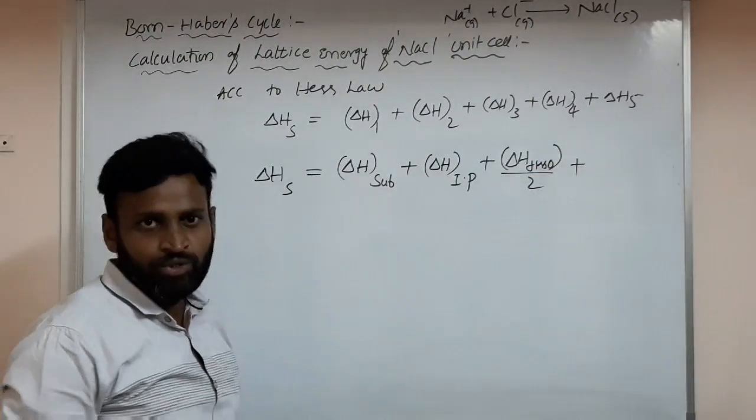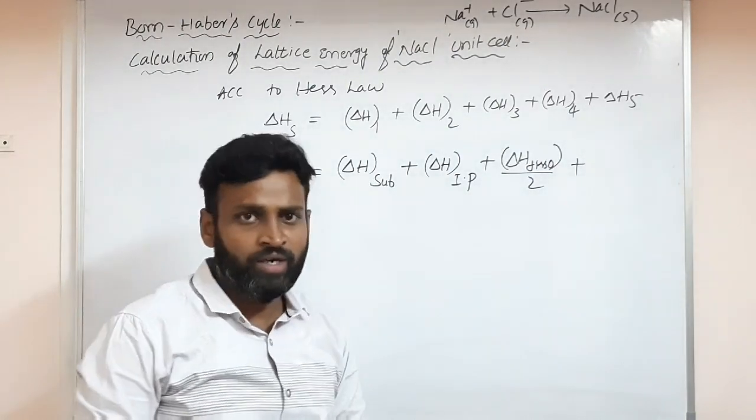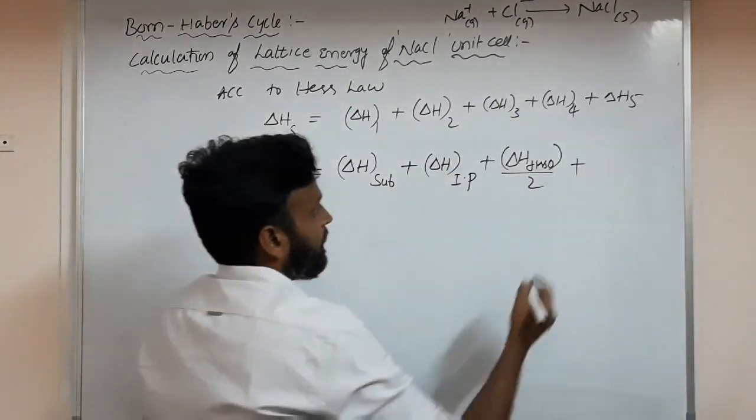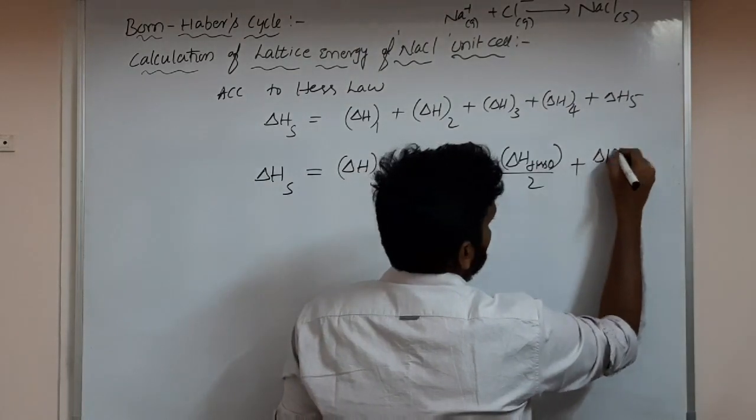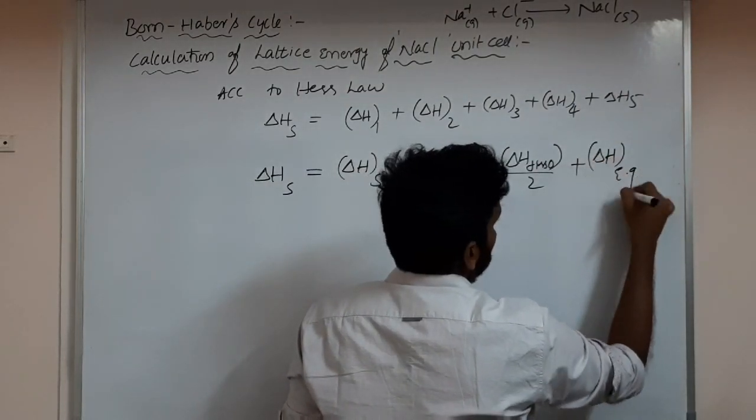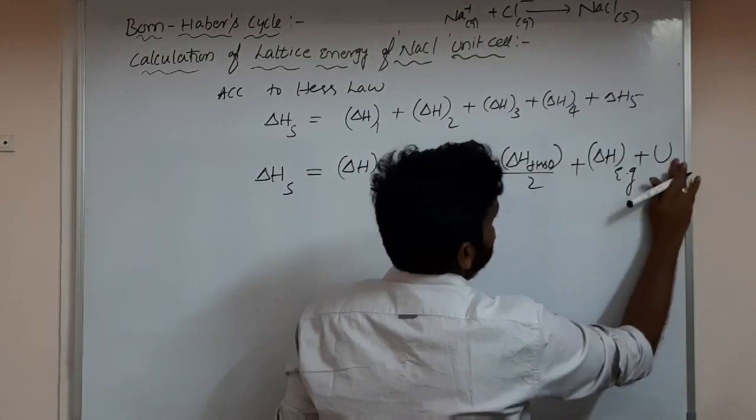Why by 2? Because you need 1 mole of chlorine atoms only. Next delta H4, that is electron gain enthalpy, plus lattice energy U.